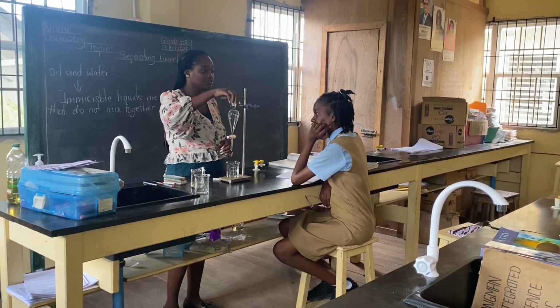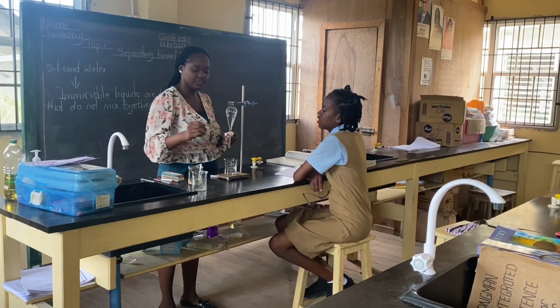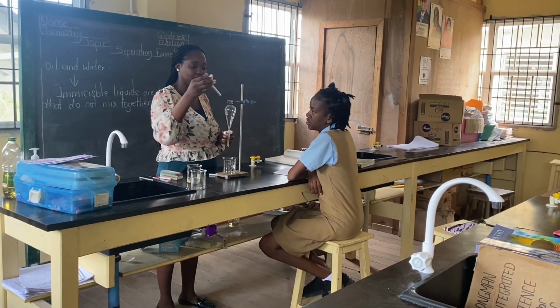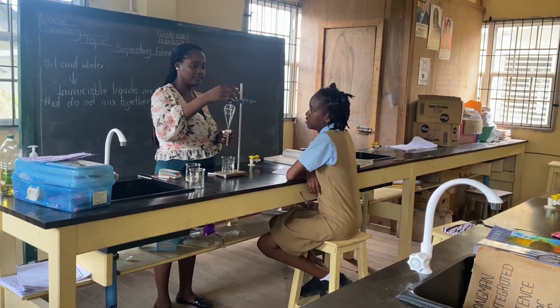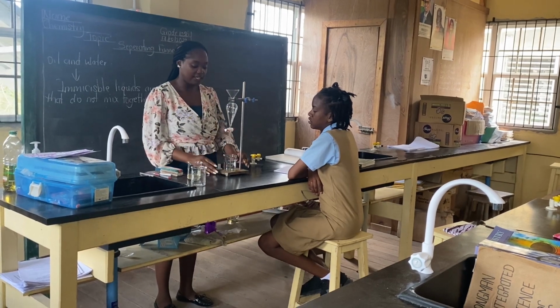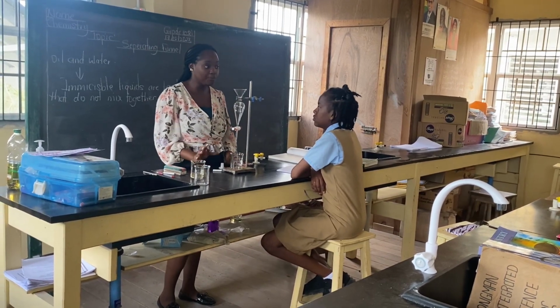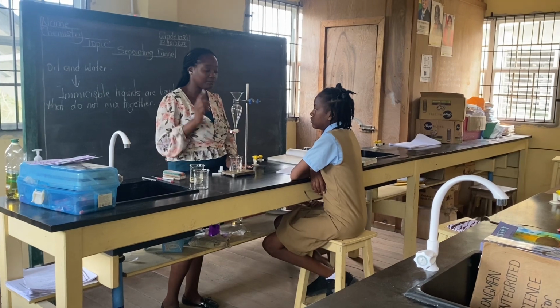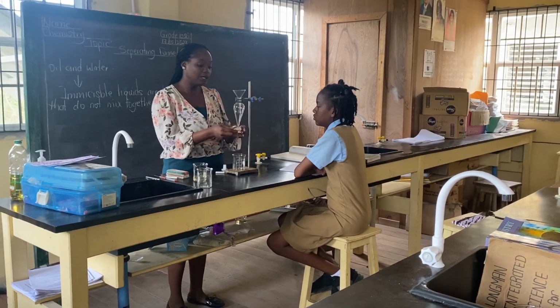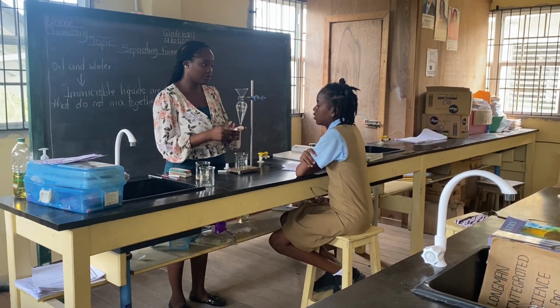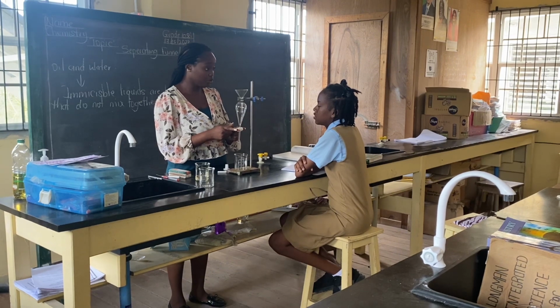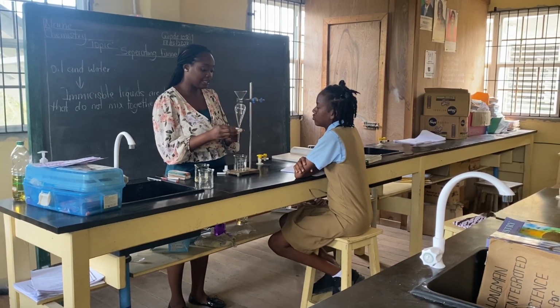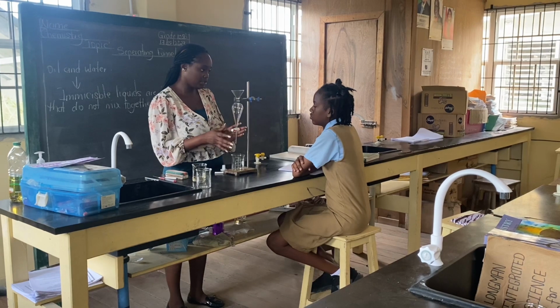So we're going to remove our stopper. We will have to insert our funnel. Then we would need to add our mixture to our separating funnel. But before we add our mixture, we must make sure that our separating funnel is closed.